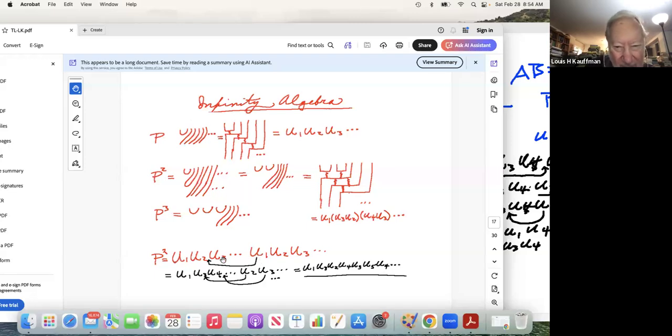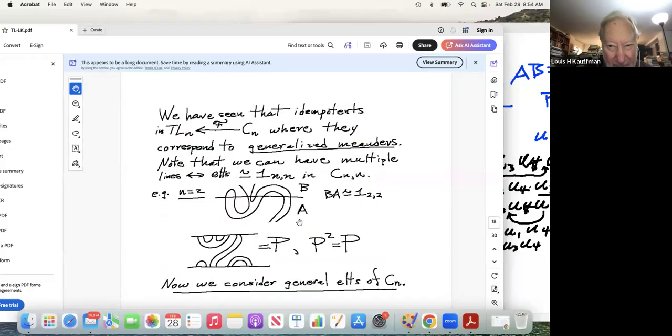See, I have an infinite product here, U1, U2, U3, and another one, U1, U2, U3, and I want to simplify it. U1 is smaller than all of these until it bumps into U2, where it has to stop. So it can commute with this infinite product and end up over here. And that corresponds diagrammatically to exactly what will happen when you multiply. So you can play with that. I'm not going to play with it further.